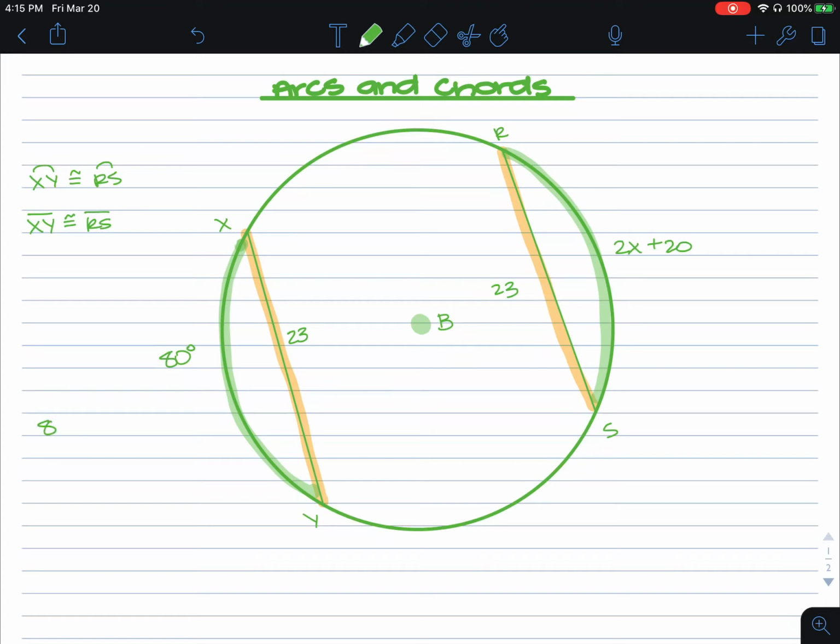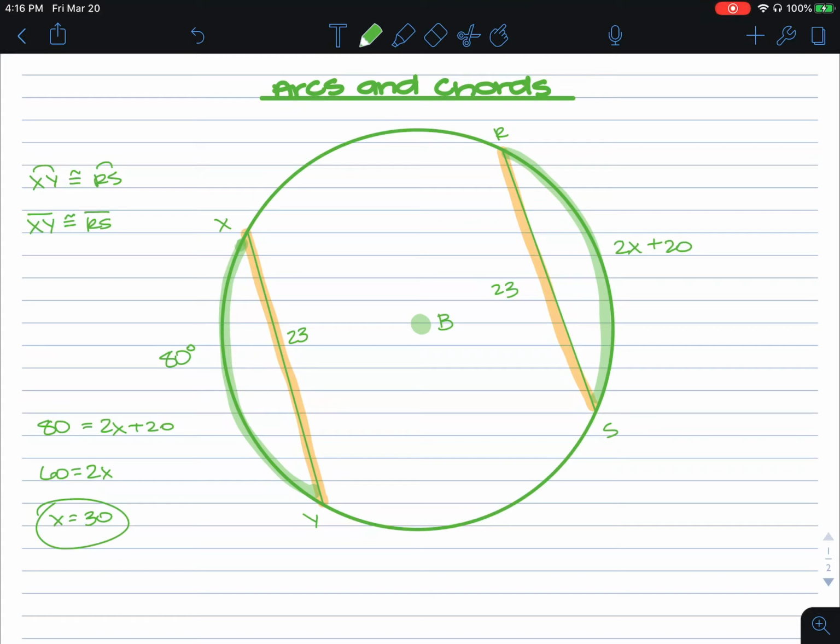So I have 80 equals 2x plus 20. Okay, but I still need x by itself because that's my whole goal, is to solve for x. Well, let's move some stuff over. Minus that 20, I get 60 equals 2x. Divide by 2, I get x equals 30. Now, if I were to plug that x right back in there, I should get 80. Well, let's try it. 2 times 30 is 60 plus 20, which I do get 80, so my answer is good to go.